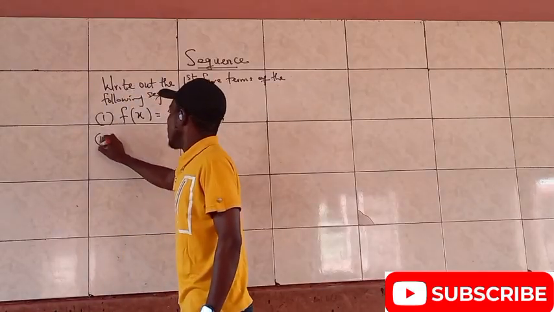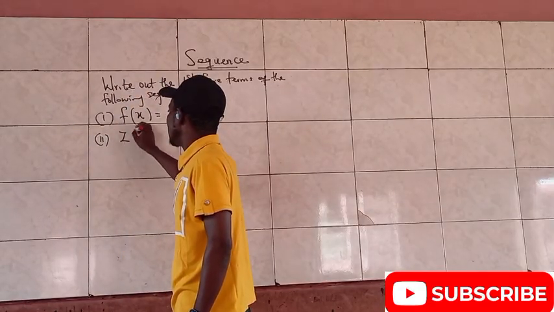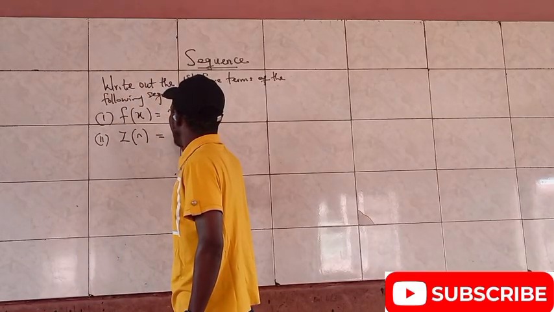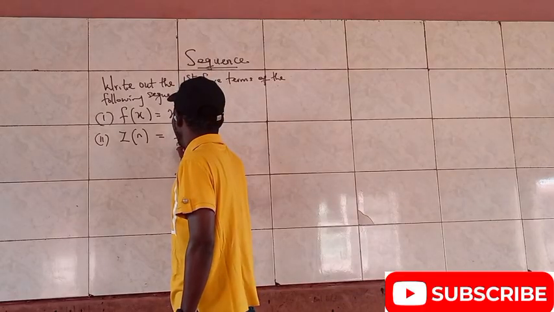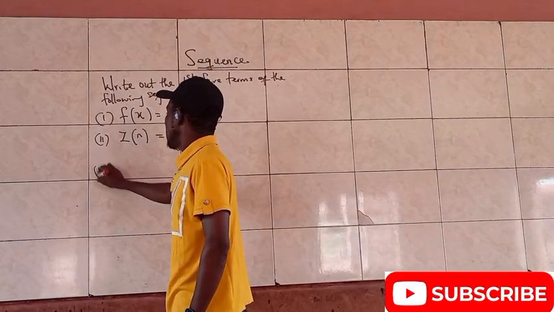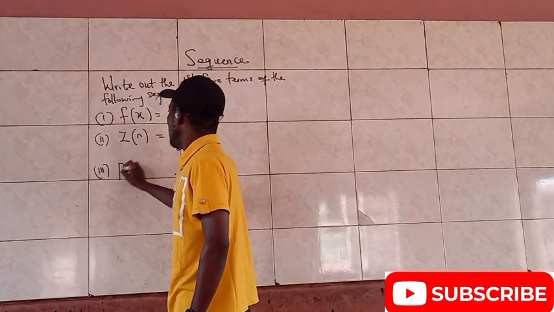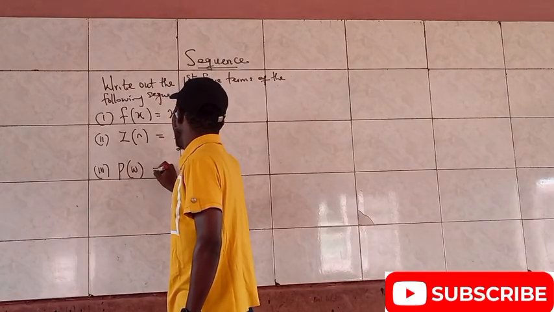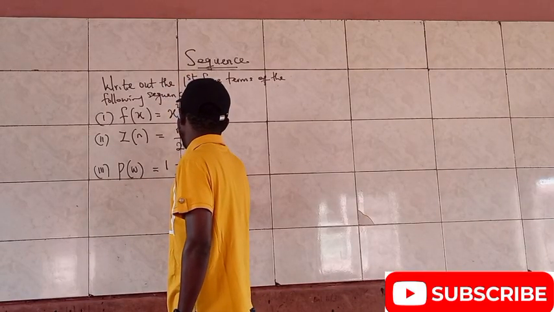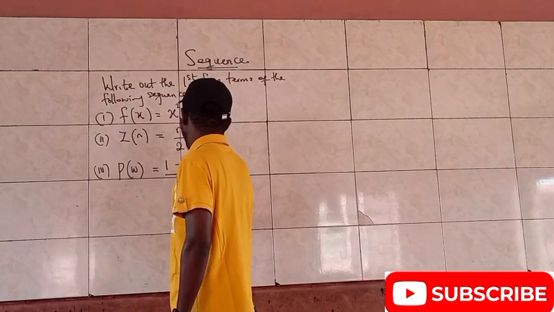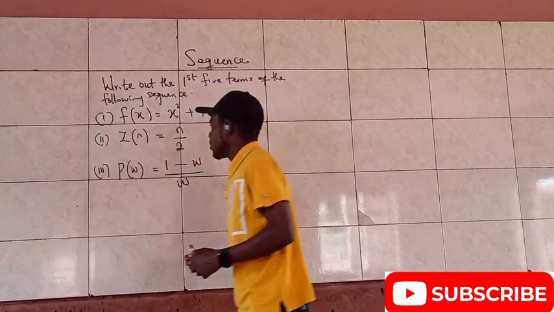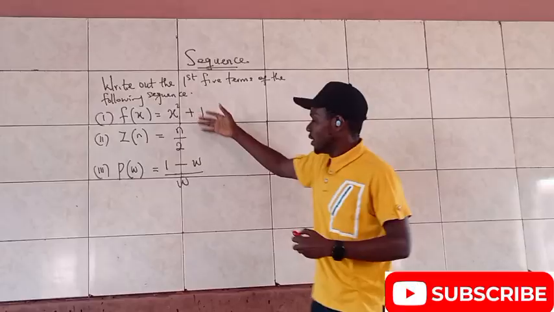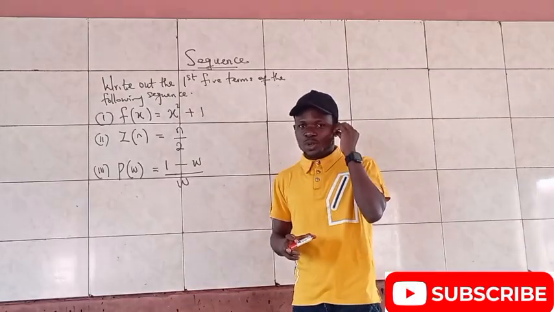You can also imagine we say that z of n equals n over 2. Also imagine that we say that p of w equals 1 minus w, all over w. Now look at this, all these are term sequences.